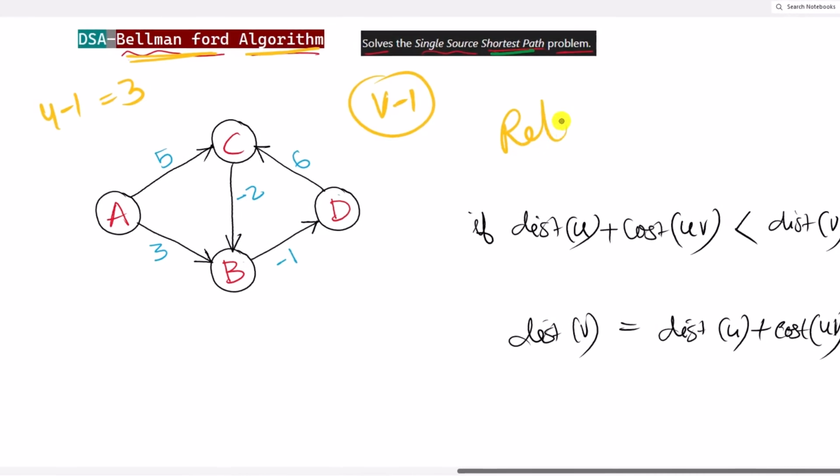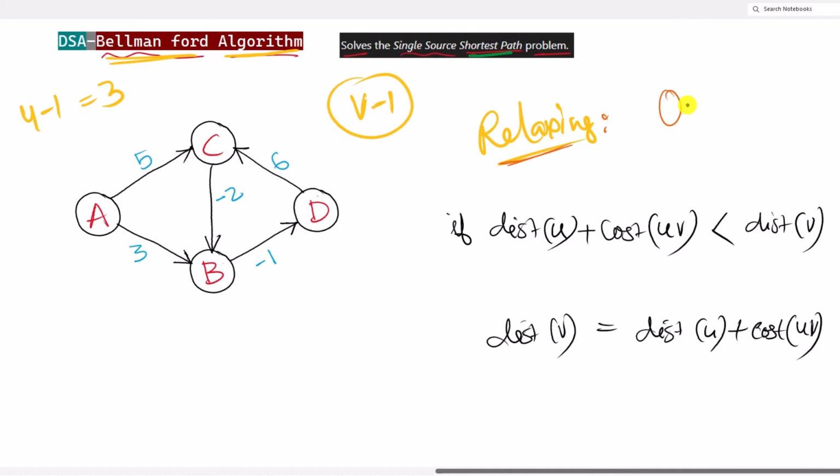Here, relaxing means suppose we have one edge from U to V and the edge has the weight 5. Initially the starting point will have the distance 0 and V will have the distance infinite. Now if we use this formula, the distance of U is 0, so 0 plus the cost of this edge, 5, is 0 plus 5, which is less than the distance of V, which is infinite.